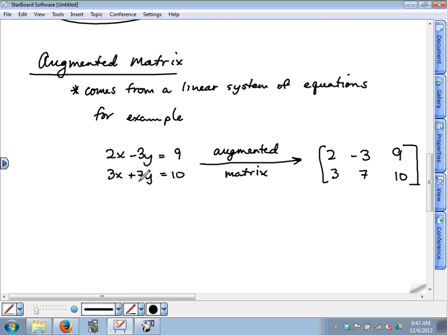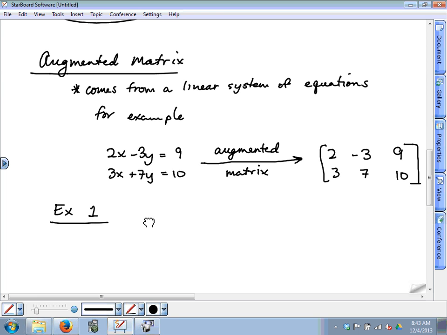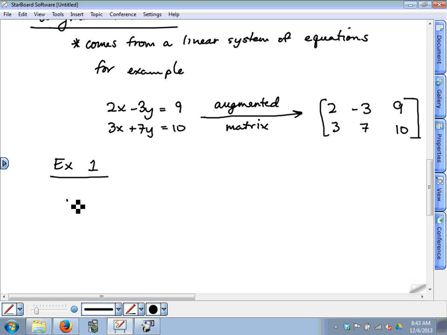Do we need to do more examples on this? Let's do example 1. Use the augmented matrix to write a system of equations.